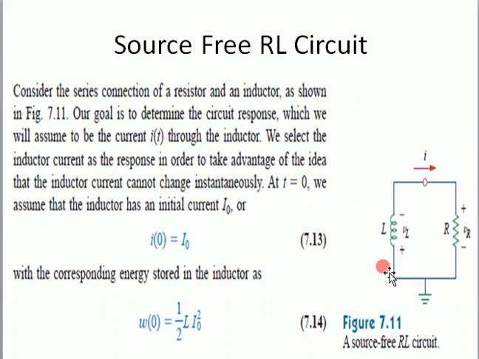So we select the inductor current as the response, to take advantage of the idea that it cannot change instantaneously. At t equal to 0, we assume the initial current is I of 0 equal to I naught. That is the initial condition, and the energy stored in the inductor is W of 0 equal to 1 by 2 L I naught square.